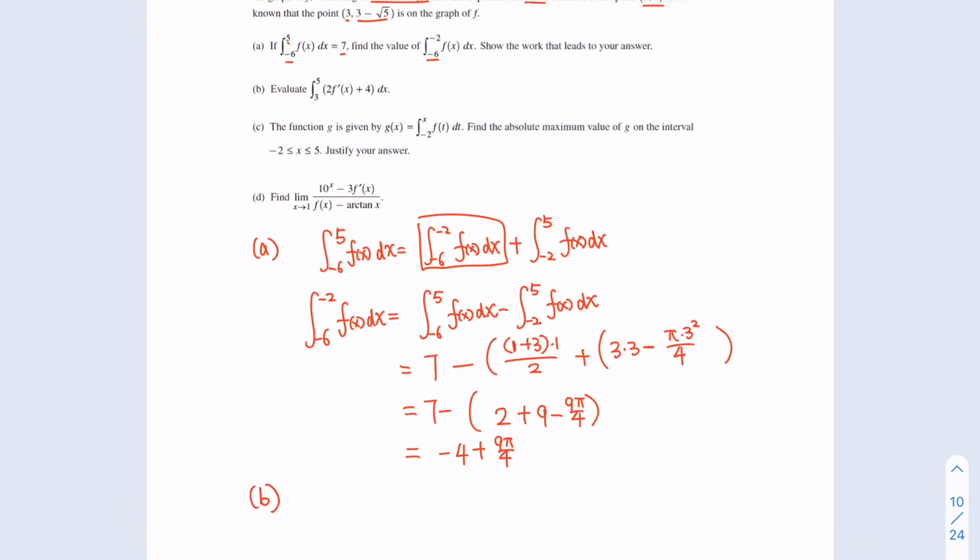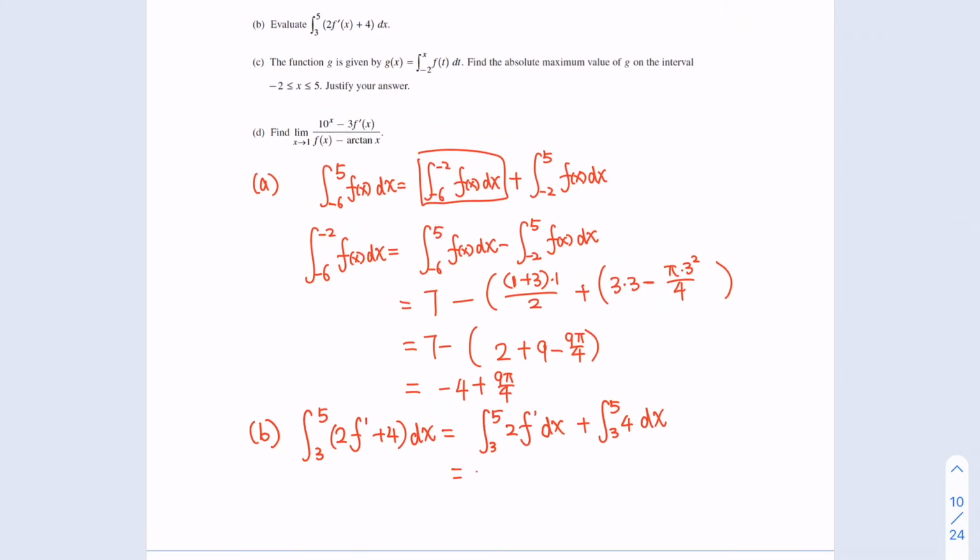Part B: evaluate the integral from 3 to 5 of f prime plus 4 dx. Based on the property of integration, we can split this into two parts, the integral of f prime dx and the integral of 4 dx.